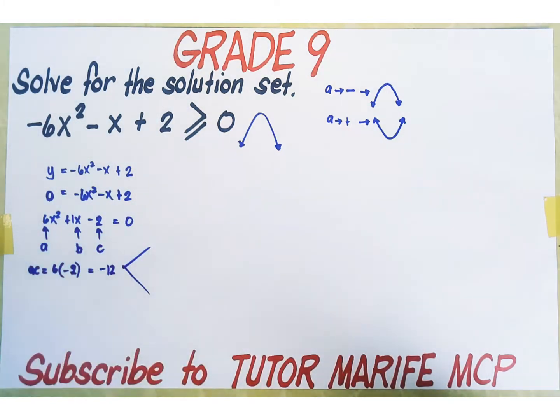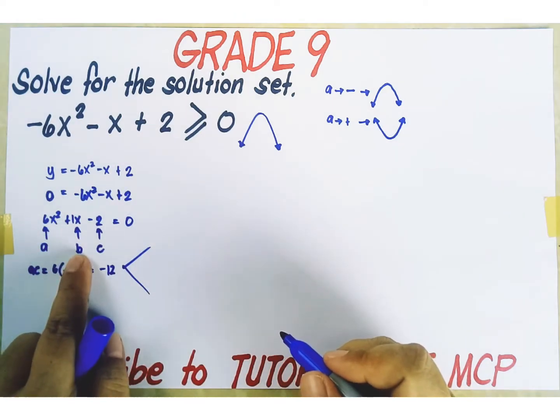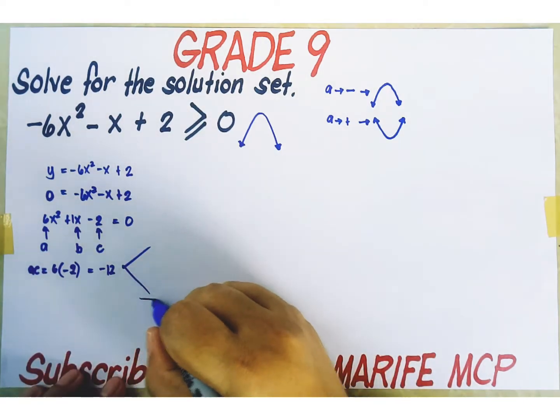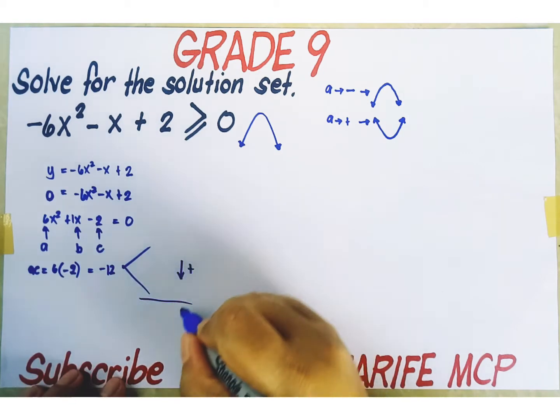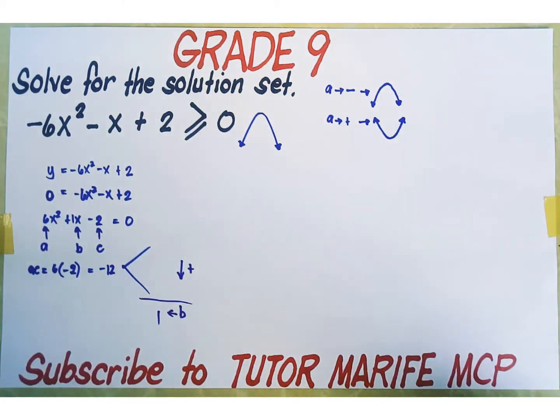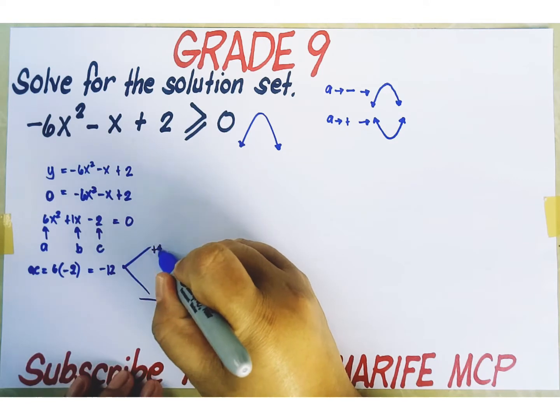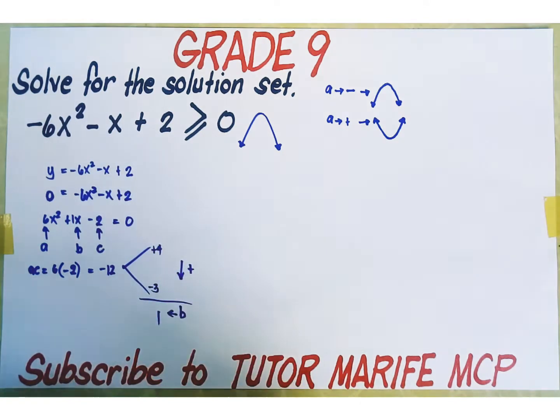Factorize the product negative 12. The sum of its factors should add up to positive 1, or the B. What factors of negative 12 will give us a sum of positive 1? Positive 4 and negative 3.